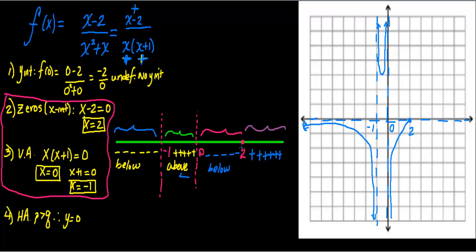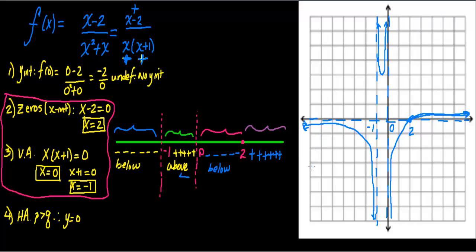And after I cross this 2, from my sign analysis, I'm going to be above the x-axis, but remember there's a wall here, so I'm going to go above but not too far up, and I will be approaching this wall like that. And there you have this graph.